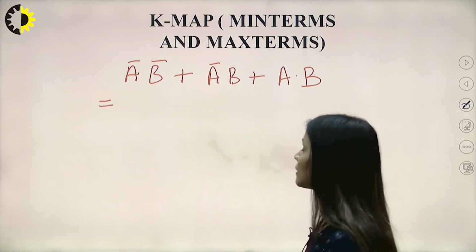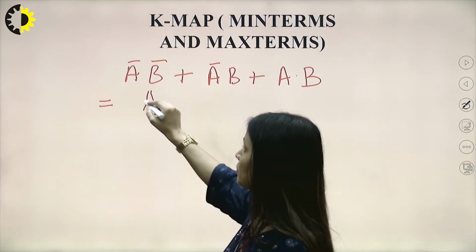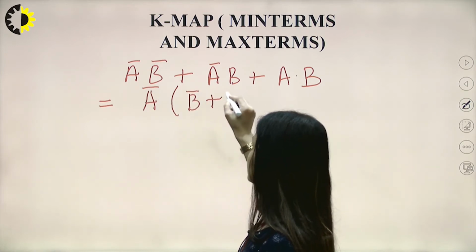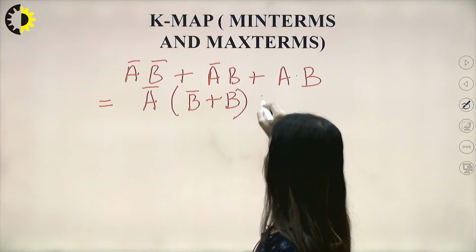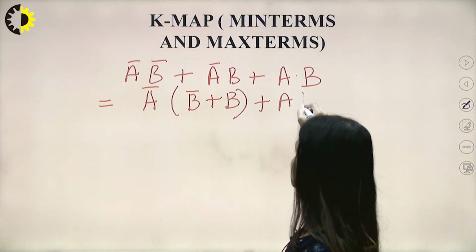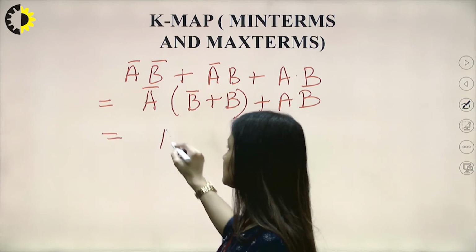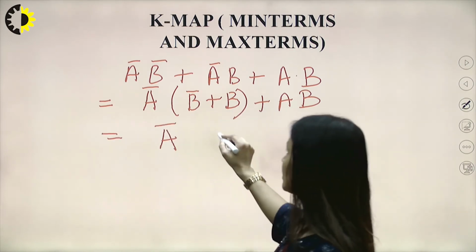I will take A bar common. This will be 1.